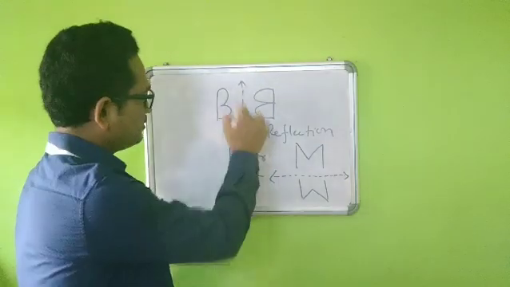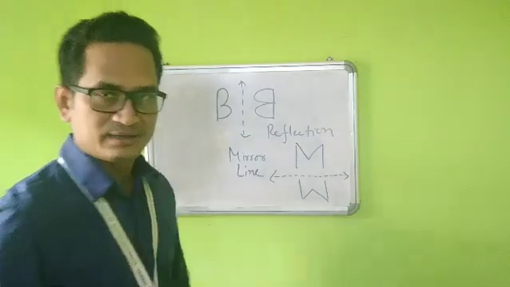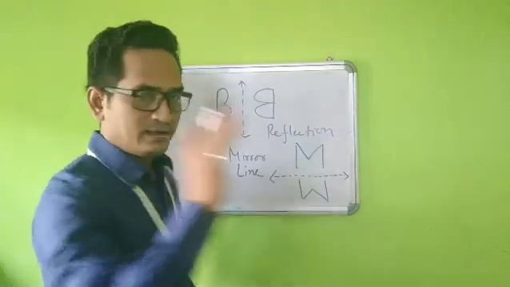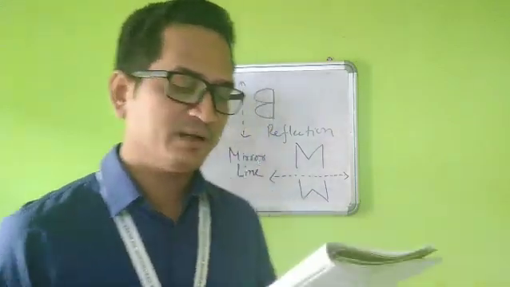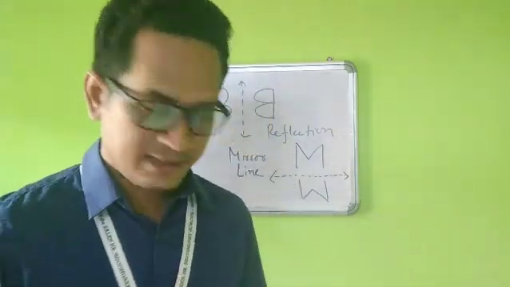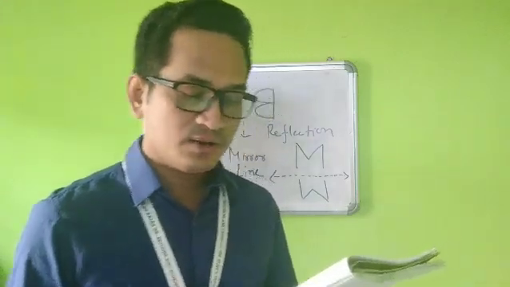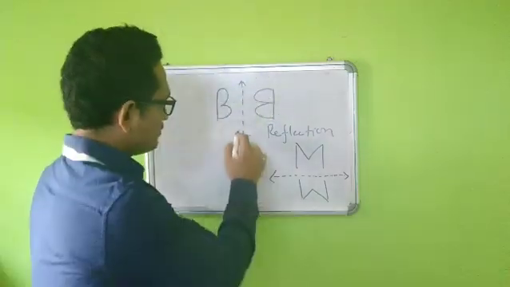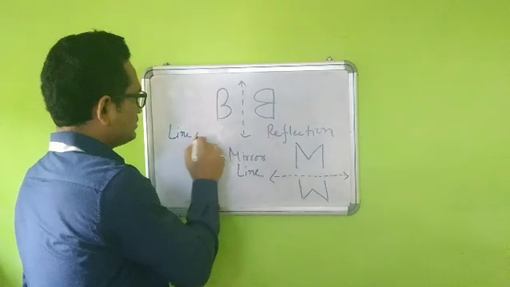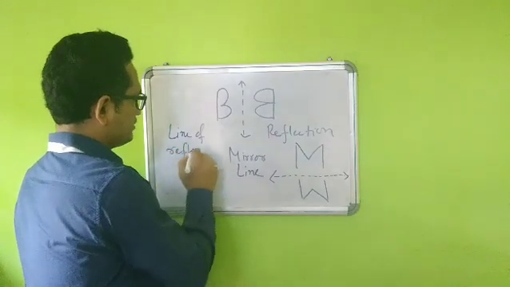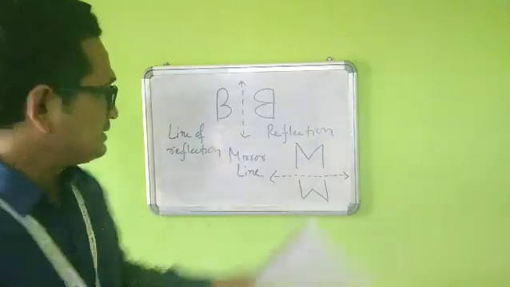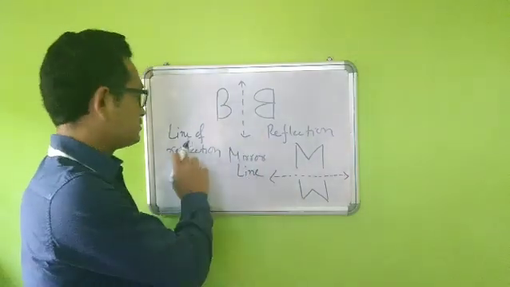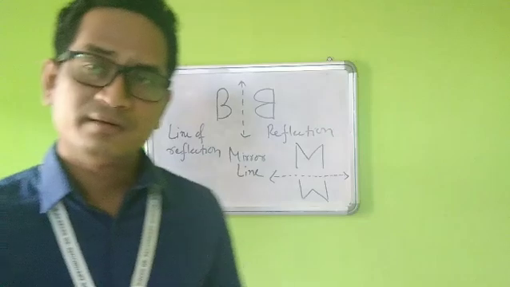Sometimes a figure may have a vertical line, sometimes a horizontal, sometimes both mirror lines. Each part is a reflection of the other across the mirror line. So this line is also called the line of reflection. That means this line is actually called the mirror line, but it is also called the line of reflection.